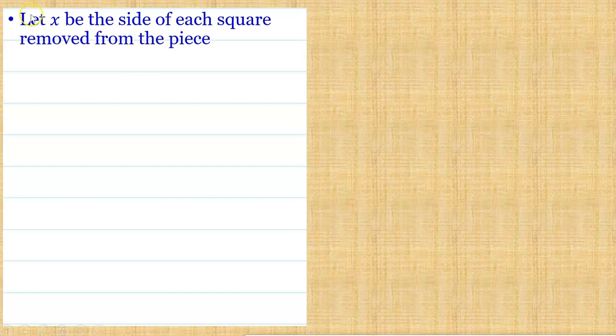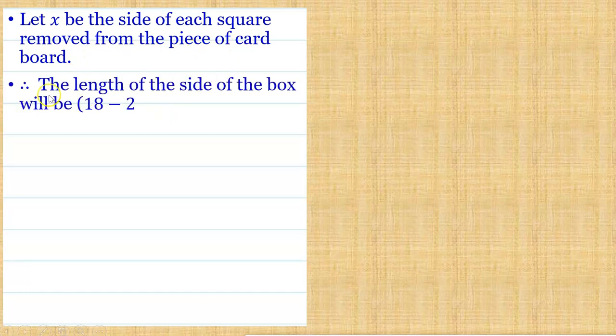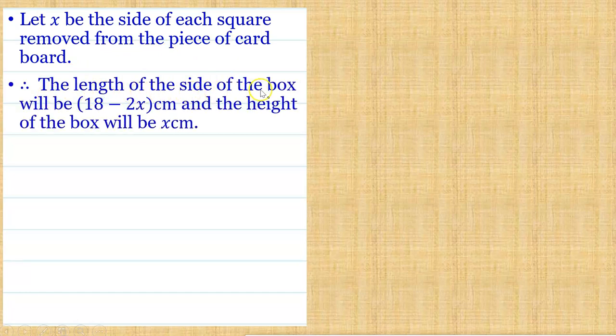Now the next step: let x be the side of each square removed from the piece of cardboard. Therefore, the length of the side of the box will be 18 minus 2x centimeter, and the height of the box will be x centimeter.